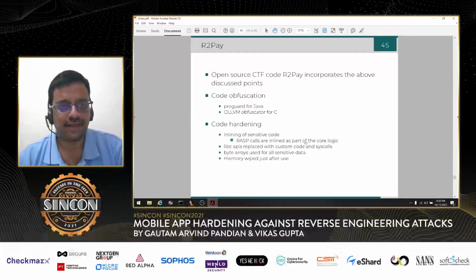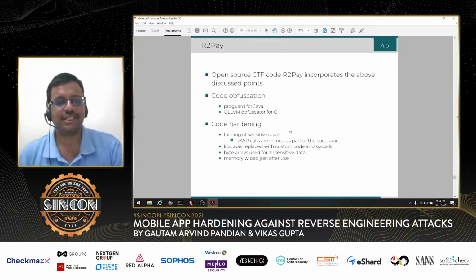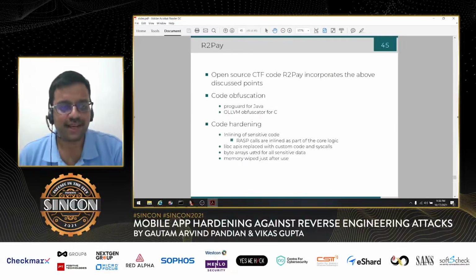In this R2Pay, what is done is code obfuscation using ProGuard for Java, and for C we are using the OLLVM obfuscator. For code hardening, we are inlining most of the sensitive code. For libc APIs, we are replacing them with custom code and some file operations with syscalls, and they are also inlined as part of the original logic.